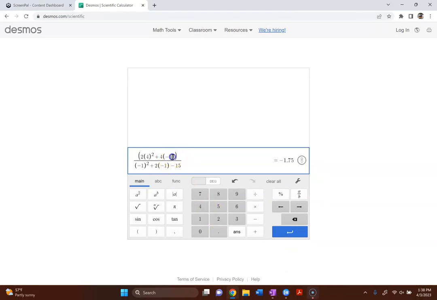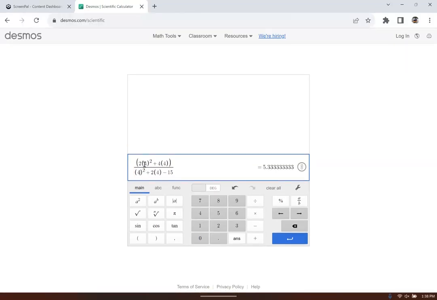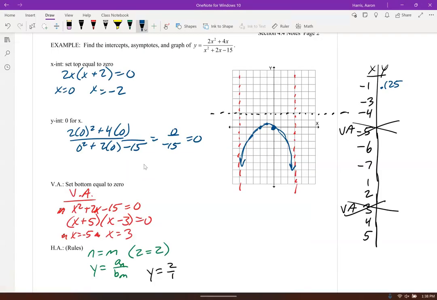Looks like we got 5.3 repeated. I threw 4 in, so it's up here. I could throw in 5, and you could throw in some more, and this is what you're going to see over there. Plug in some points over here, and you'll start seeing that as well.